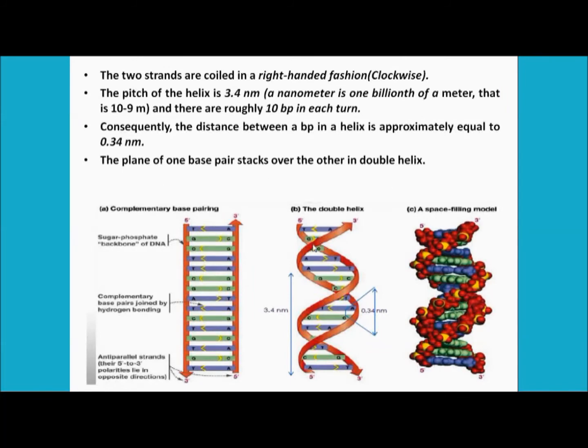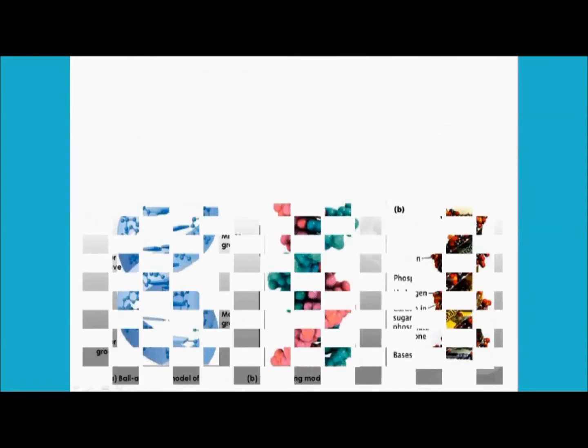You can see one is stacked over the other, meaning they are piled over one another, right? In addition to the hydrogen bonds, this stacking increases the stability of the double helical structure, right?